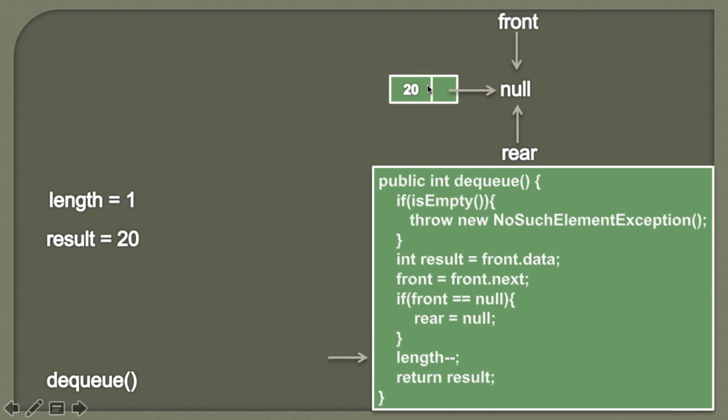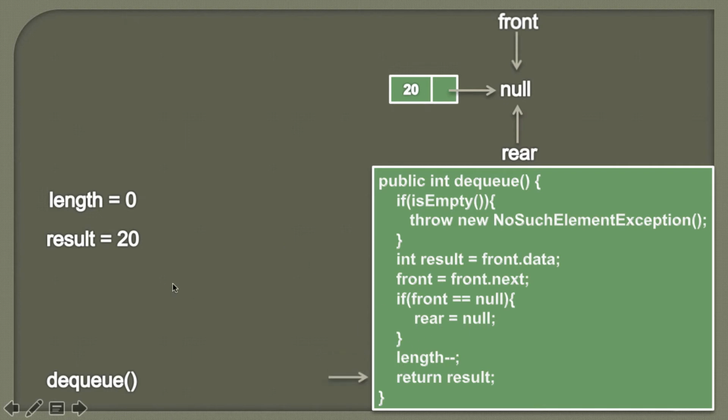So friends, as this node has no reference, this node will be freed easily. Once this node is removed, we'll decrement the length by 1, because we know there are no elements left. So now length becomes 0 because we have removed all the nodes.